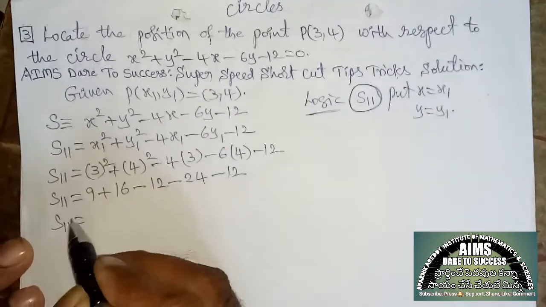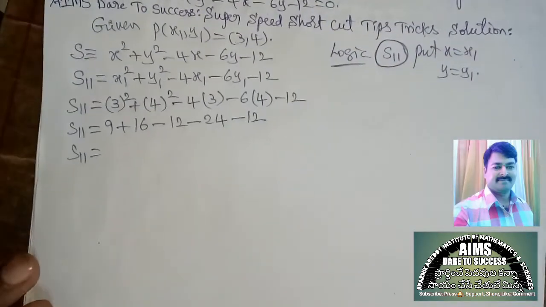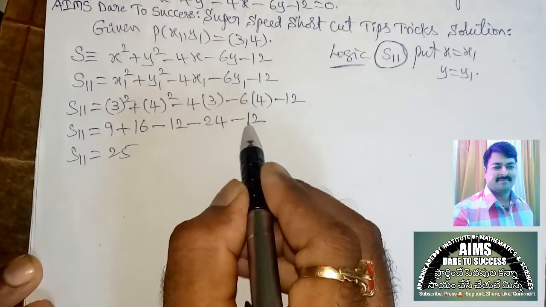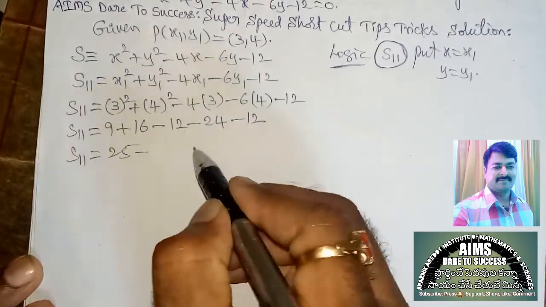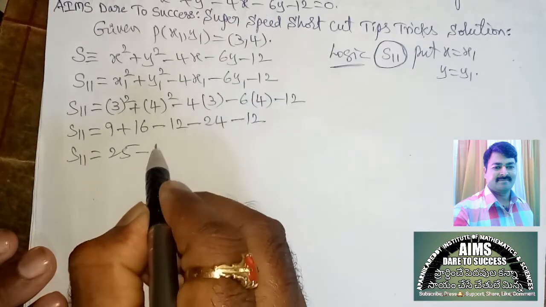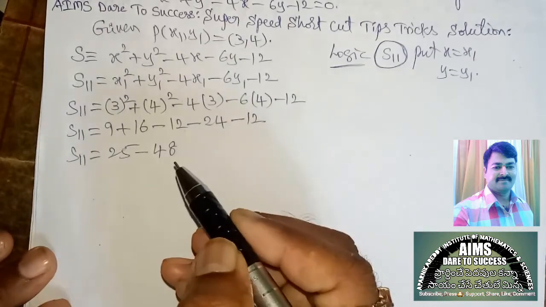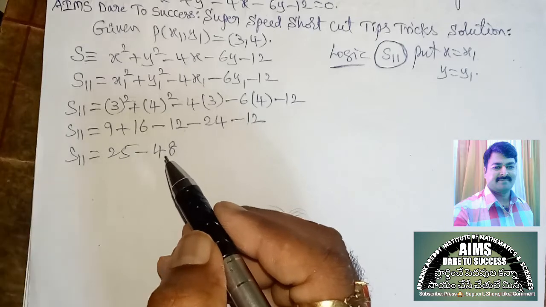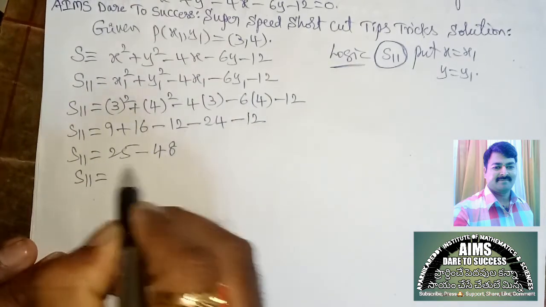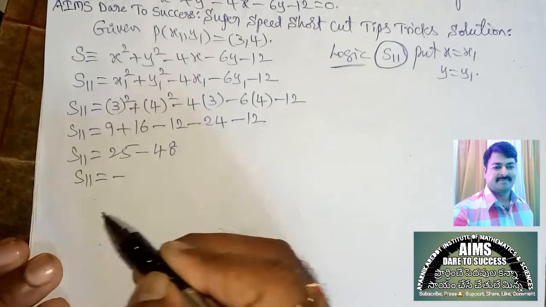S11 value: 9 plus 16 is 25. After that, these three terms have minus symbol, so keep minus. 12, 12, 24, 24, 24 add, 48. So 25 minus 48. Now it is small number minus big number, which is a negative symbol.